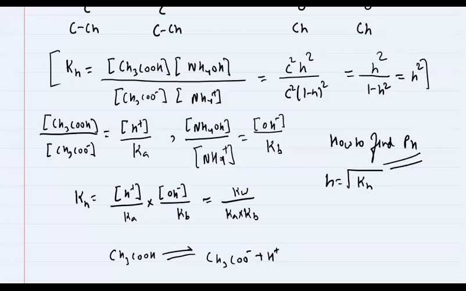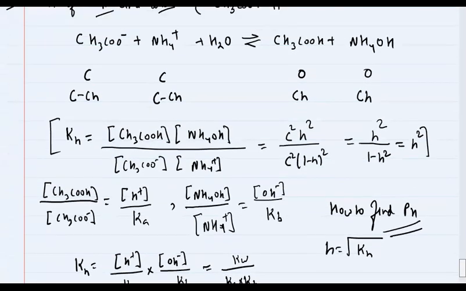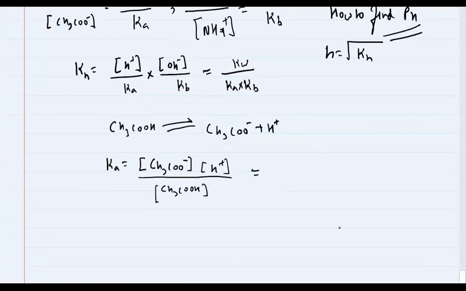Okay, let's see. I hope someone might have figured this out. So see this, this is something which I have said. And what is the concentration of CH3COO-? From here, the concentration of CH3COO- is C minus Ch.